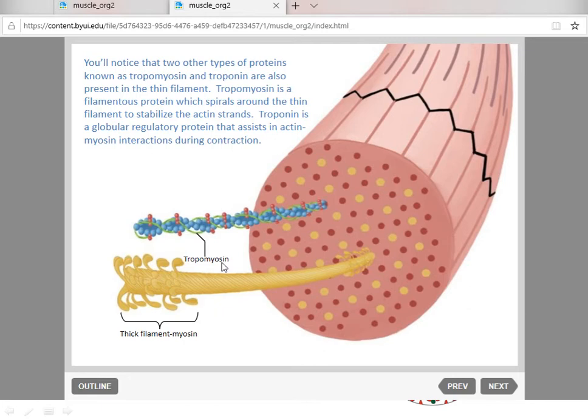Tropomyosin is a filamentous protein which spirals around the thin filament to stabilize the actin strand. Troponin is a globular regulatory protein that assists in actin-myosin interaction during the contraction.